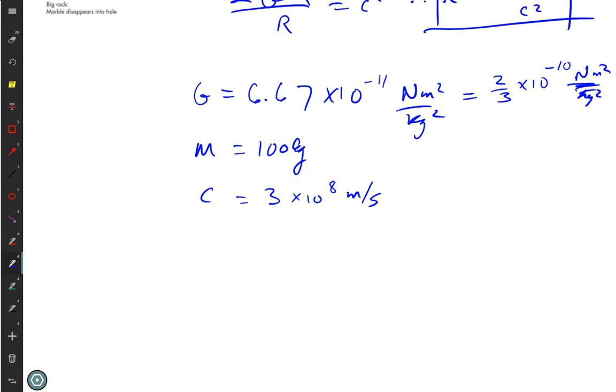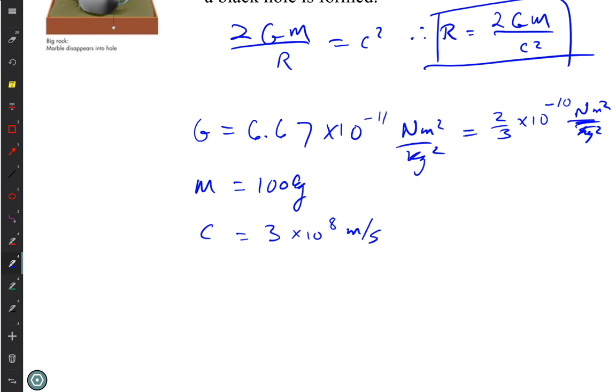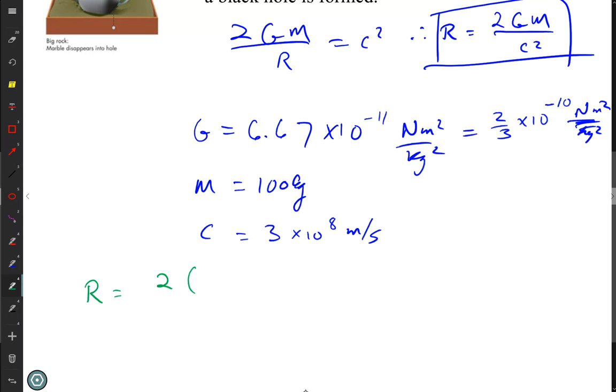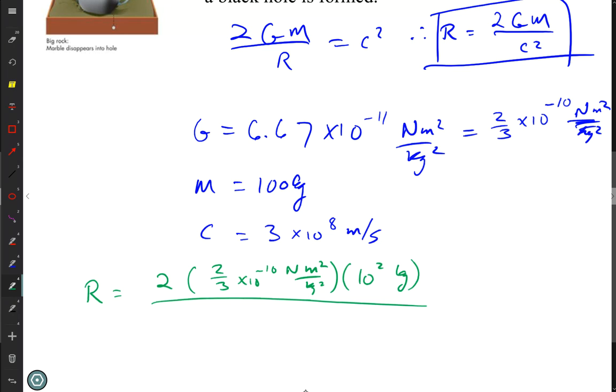So if we calculate Russell's Schwarzschild radius, 2 times 2/3 times 10 to the minus 10 Newton meter squared per kilogram squared, times 10 to the second kilograms, that's his mass, divided by 3 times 10 to the 8th meters per second, quantity squared.